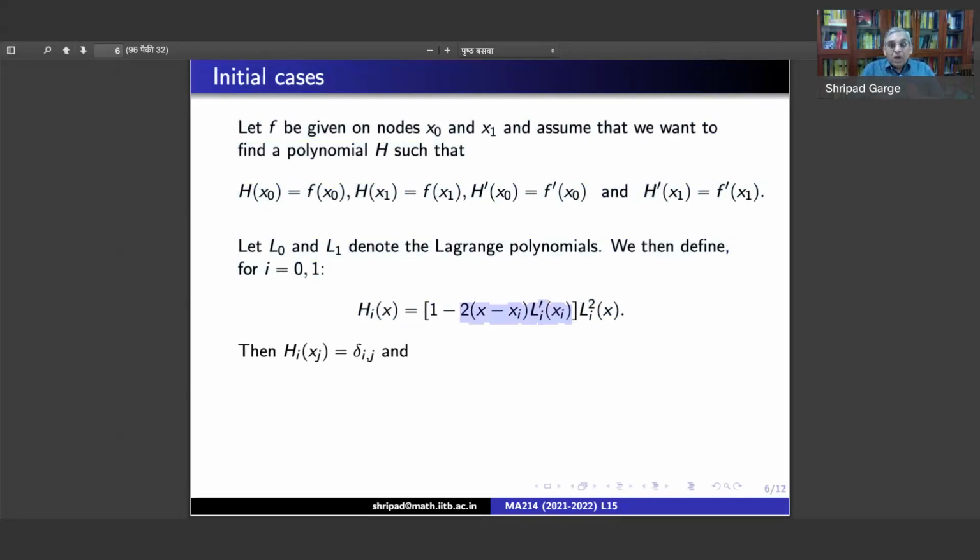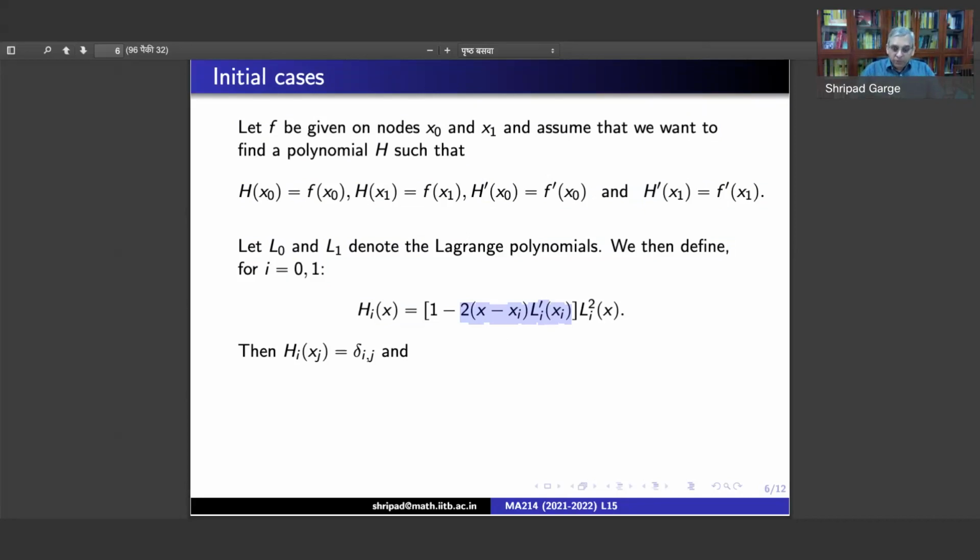So on xi this highlighted factor vanishes, and so you have at xi hi is simply li square, and therefore hi of xi is 1 square, which is 1. So hi of xi is 1, hi of xj is 0.